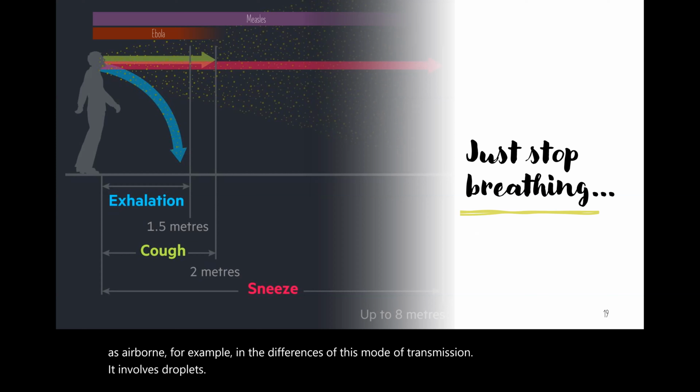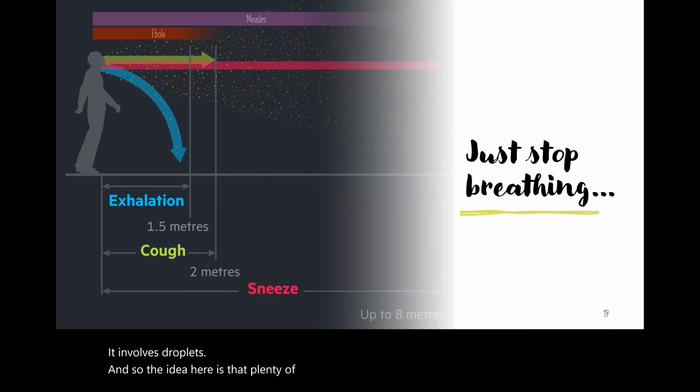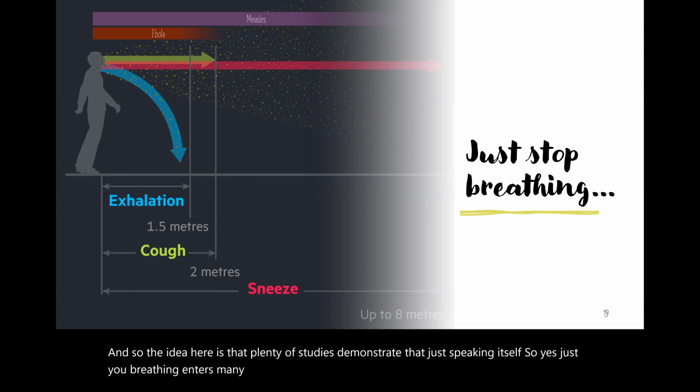And so the idea here is that plenty of studies demonstrate that just speaking itself, so just you breathing and transmitting things through your nose and your mouth, can make it up to about 6 feet or so. So again, that's usually the minimum distance that you see there.